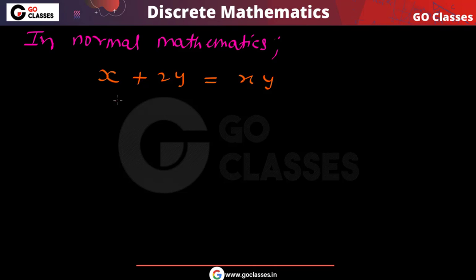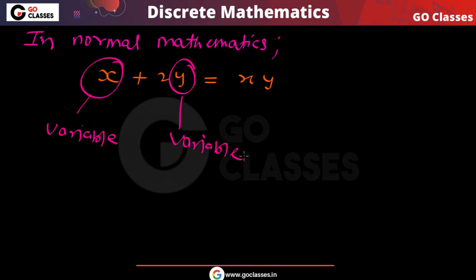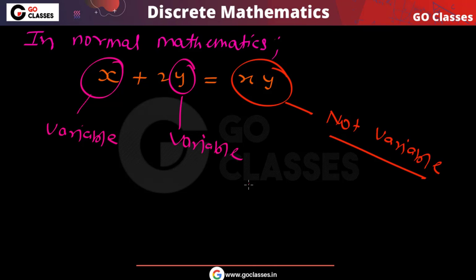Here you can notice x is a variable, similarly y is a variable. Now xy is not a variable. It is a combination of variables. So x is a variable, y is a variable, but xy is not a variable. This xy is basically the multiplication of two variables.